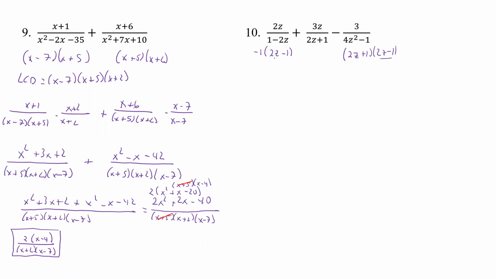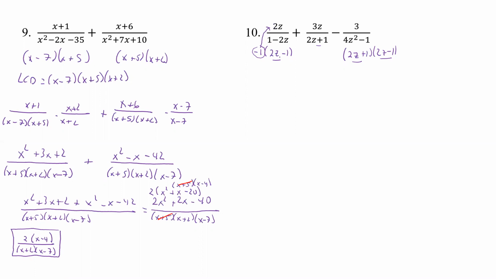So now we've got that, and then this one we have that. And so what I'm going to do is go ahead and take that negative and pull it up top, because it doesn't matter where the negatives are. It can be in the denominator, it can be in the numerator, it can be out front. So I'm going to take it to the top.